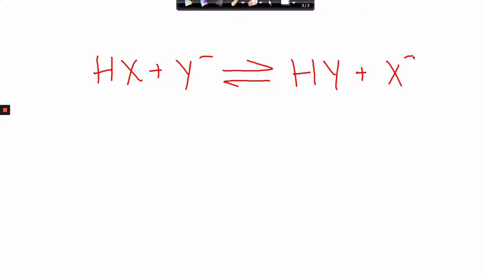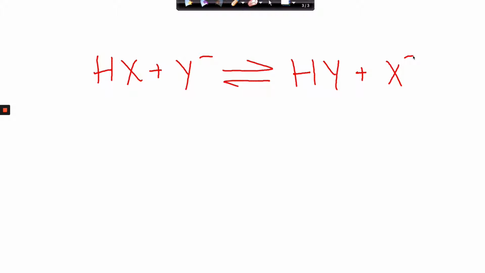So guys, let's have a bigger conversation. Ready? So HX, is it an acid or is it a base? How do you know it's an acid? Because it gives away a hydrogen. How do we know that it gives away a hydrogen? Because we've got what's left when it gives away a hydrogen. Classic conjugate base. This is our acid. This is our conjugate base.